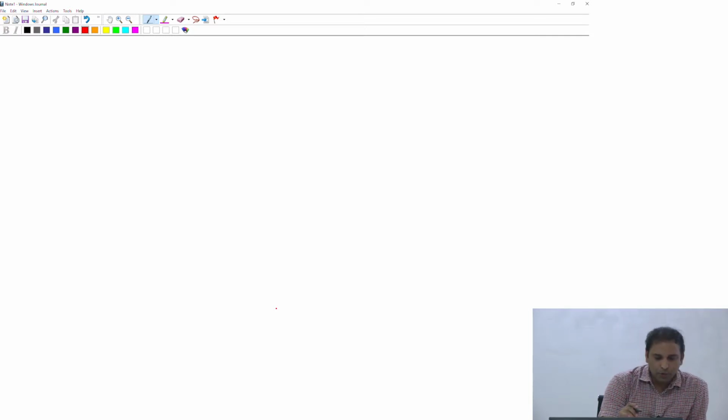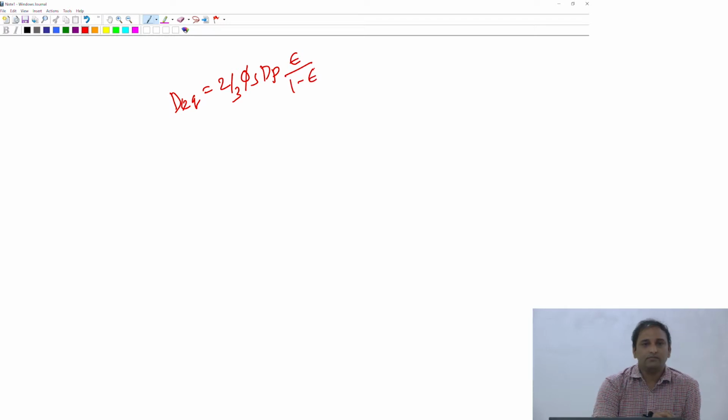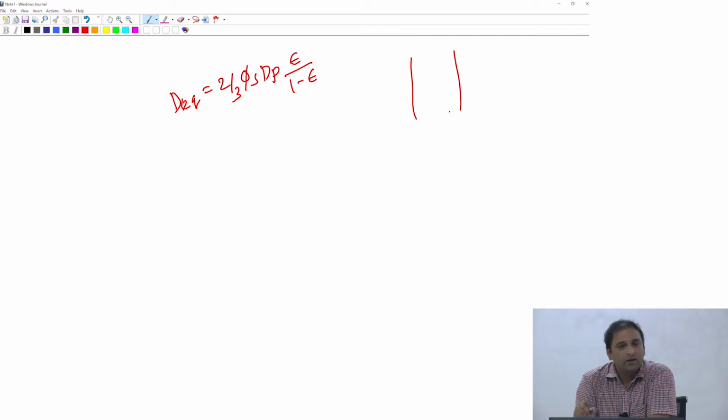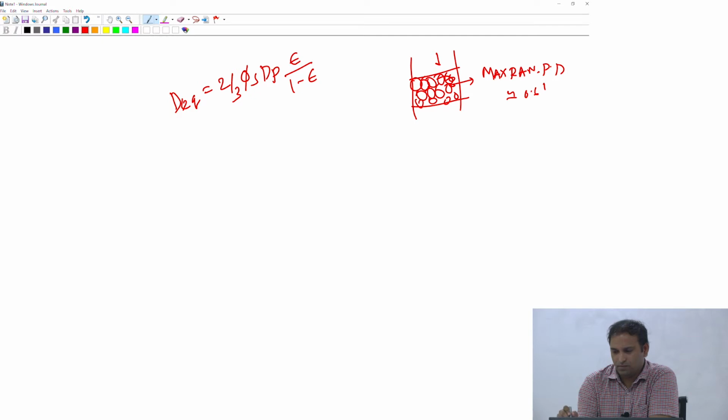So you can also think about this now that we know what D equivalent is, which is 2 by 3 into phi s into dp into epsilon divided by 1 minus epsilon. Let's say I have a packed bed filled with spherical particles in a random packing, and we know the maximum random packing density is of the order of 0.64.